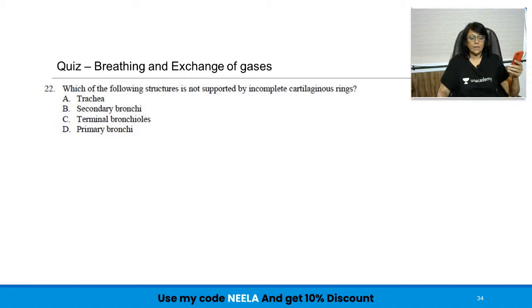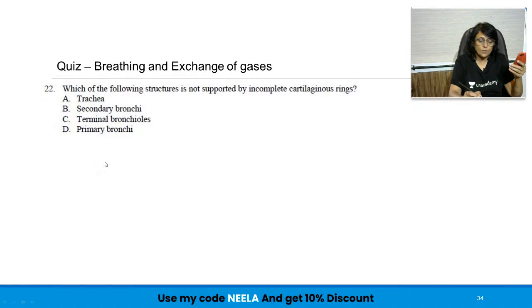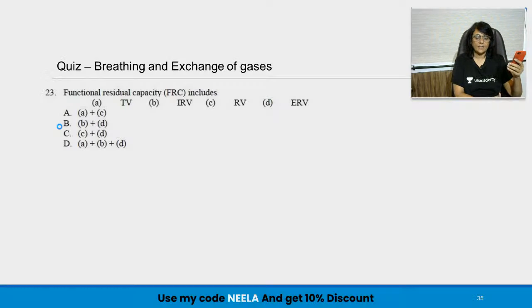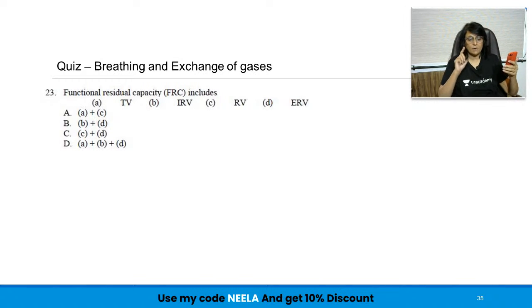Okay, 22nd question. I guess everybody has given the answer of 22nd as C. Trachea is, primary bronchi are, secondary bronchi are, so it is only the terminal bronchiole which is not supported by those C-shaped cartilaginous rings. Okay, again read the question carefully and then answer.